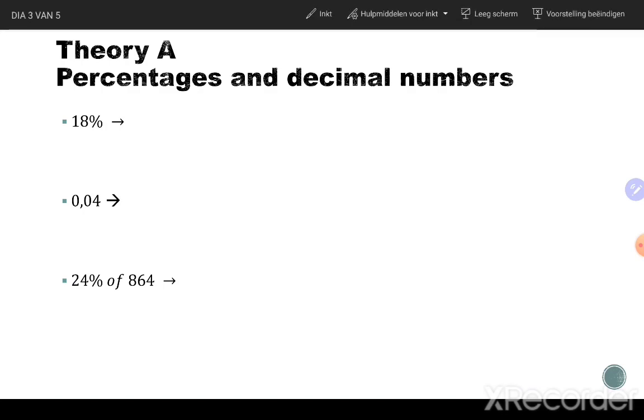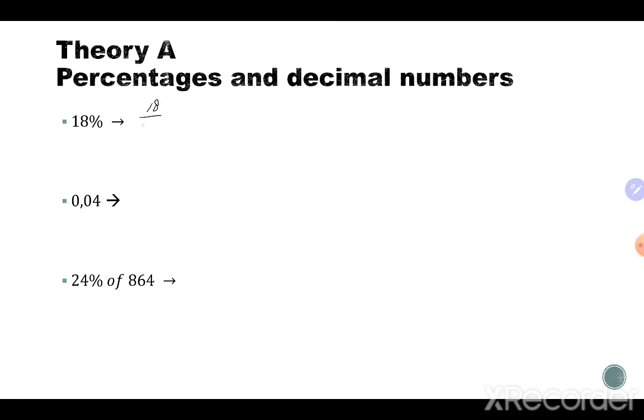I just look at the first one, 18%. 18% means that it is 18 out of 100. And 18 out of 100, we can express in a fraction. 18 out of 100 is 18 over 100.